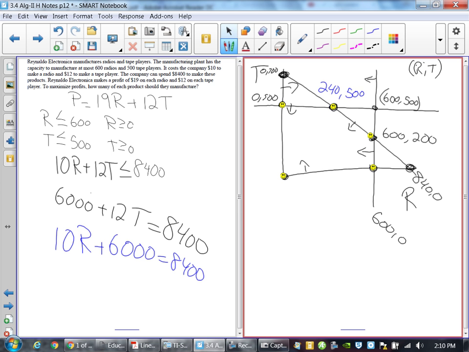And whichever one of those gives me the largest number, there's my maximum of how many of each I should manufacture.